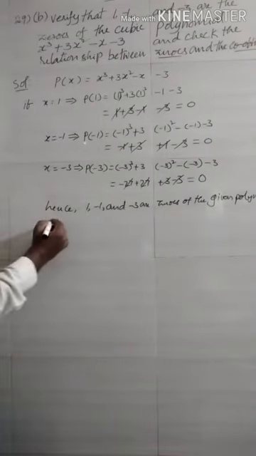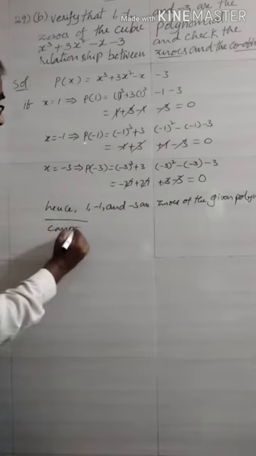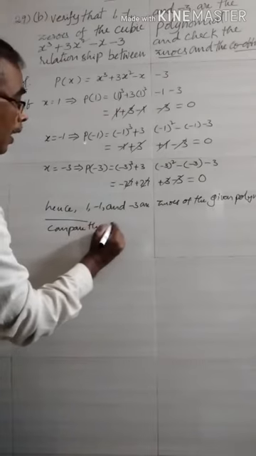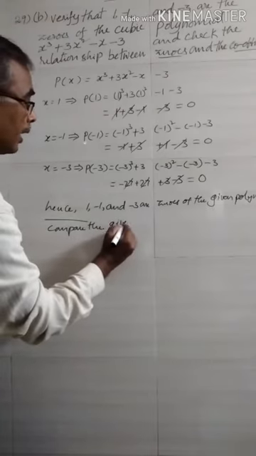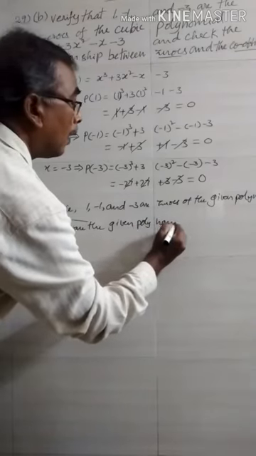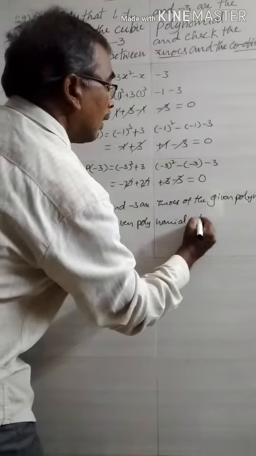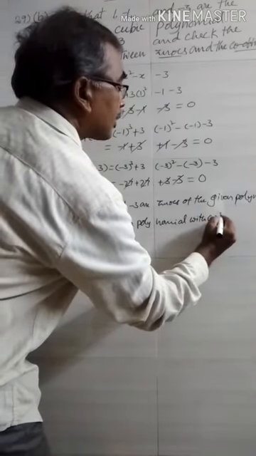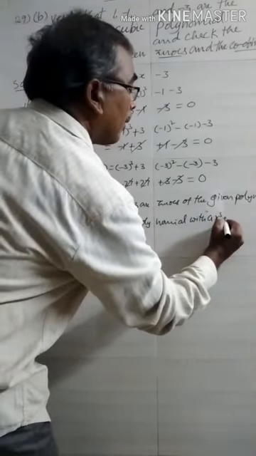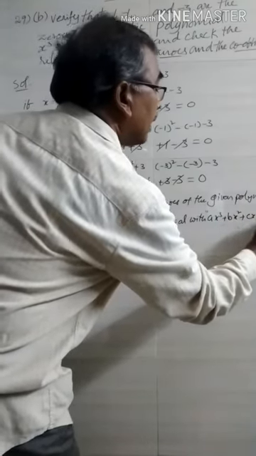In the second instance, compare the given polynomial with ax cube plus bx square plus cx plus d.